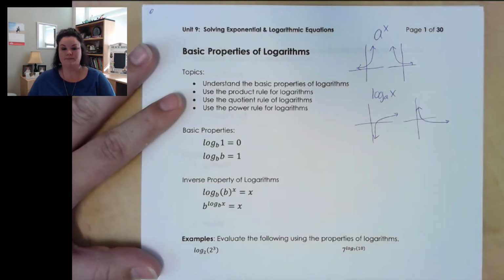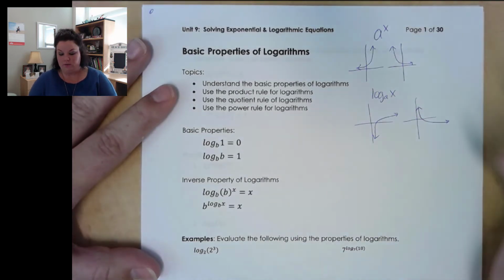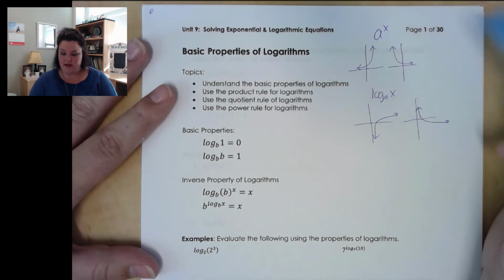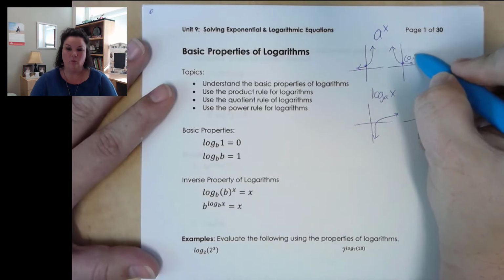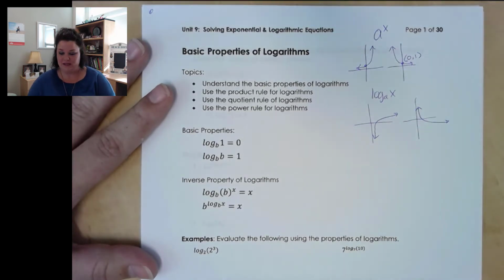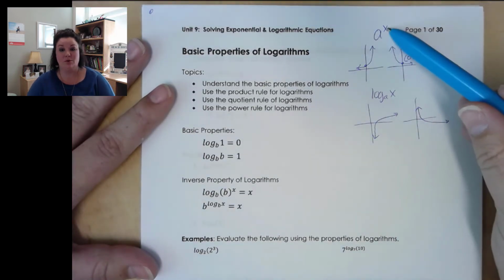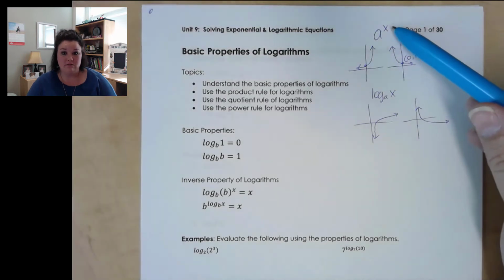So remember with exponentials, they all go through this point right here, which is (0, 1), because anything raised to the 0 power equals 1, okay?